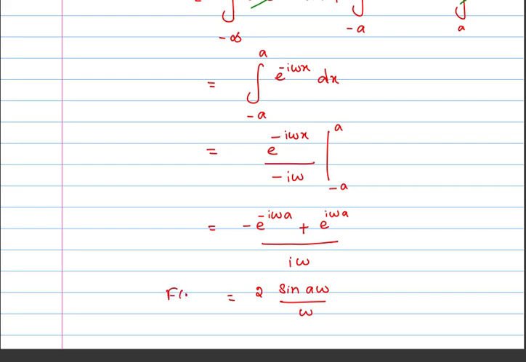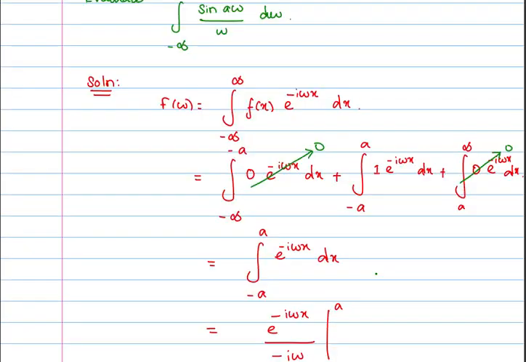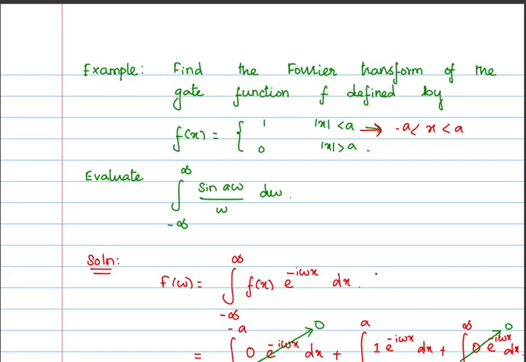This is the Fourier transform of the given gate function. So if you take the Fourier transform of the given function, you will get it like that.